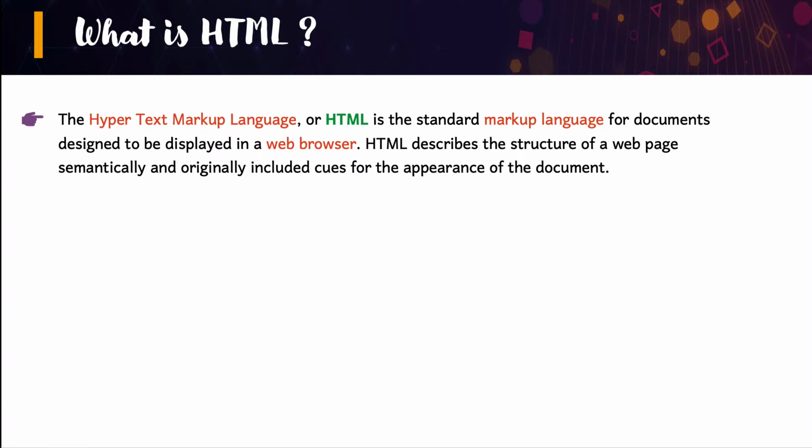Hypertext really means that there are links from one document to another document. Imagine you are looking at a web page, a YouTube web page for example. You see that you have many buttons or video links that are available. You click on any one of them, it leads to another web page.